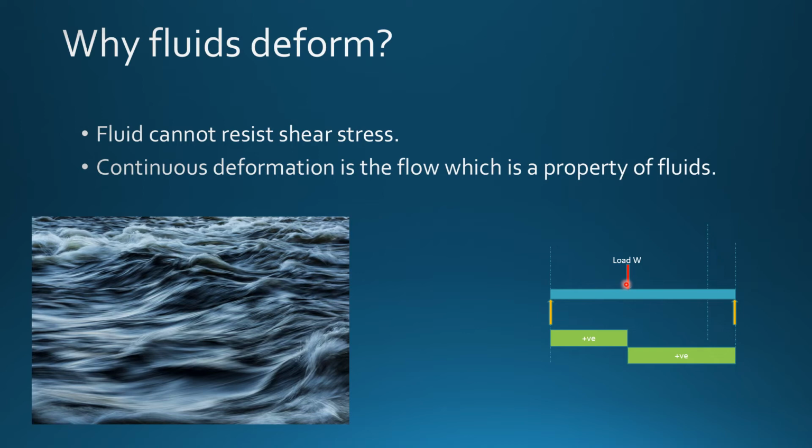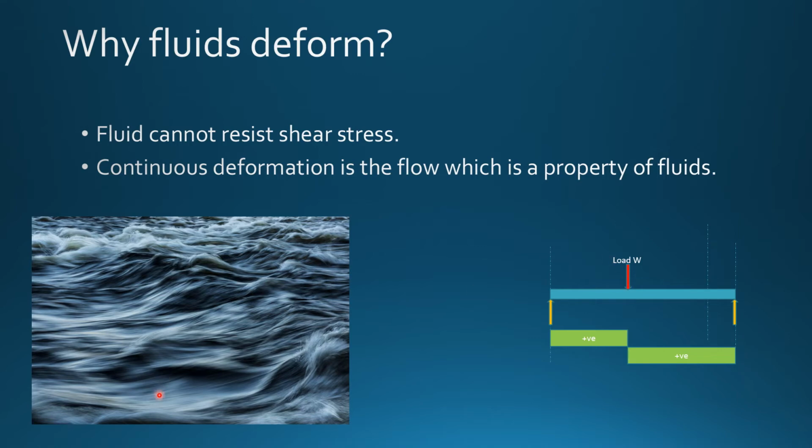So fluid deforms because they cannot resist shear force even of a very small magnitude. In other words, you can say the same thing: if a fluid is at rest, that means there can be no shear force acting. This means all the forces in the fluid must be perpendicular to the plane of its contact surface.